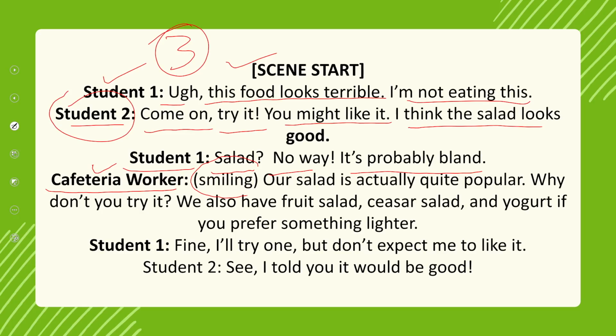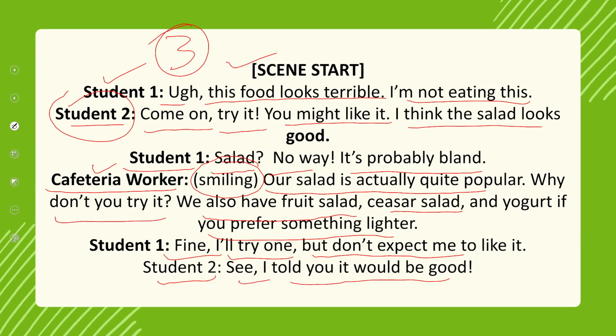Now this is where this character will show his facial expressions. Our salad is actually quite popular. Why don't you try it? We also have fruit salad, Caesar salad and yogurt if you prefer something lighter. Then the first character says, fine, I'll try one, but don't expect me to like it. Then the second character says, see, I told you it would be good.